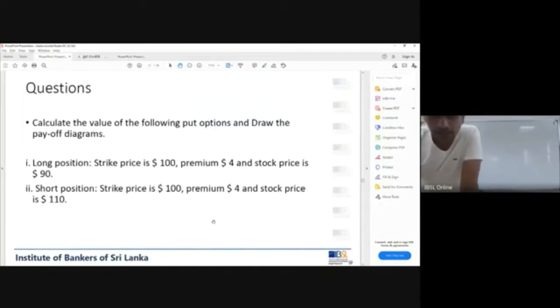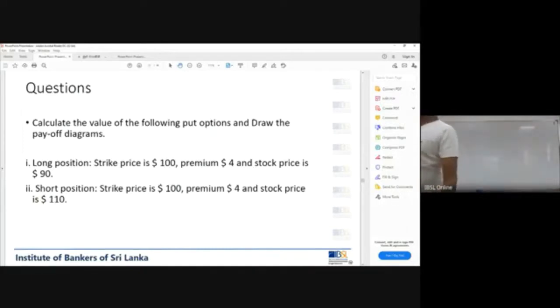Let's try this question. Calculate the value of the following put options and draw payoff diagrams. Long, strike price 100, premium 4, stock price 90. Second one is short, strike price 100, premium 4, and stock price 110. Okay, so it's as simple as it gets.